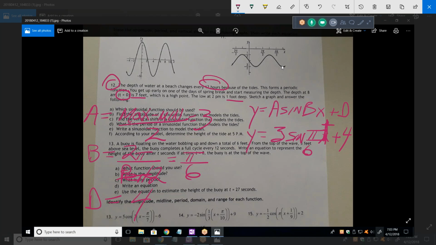So when t is 0, what's the height of my water? Zero. Well, this whole thing would be 0 plus 4, but that's not right.